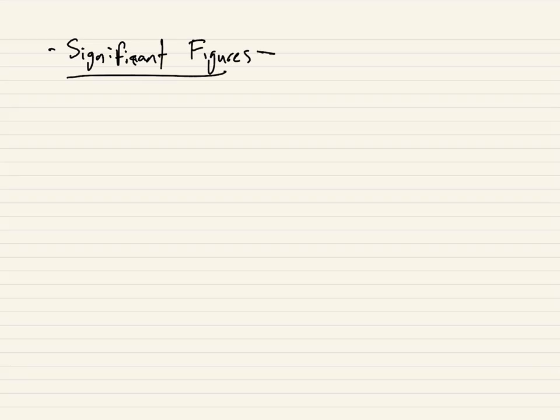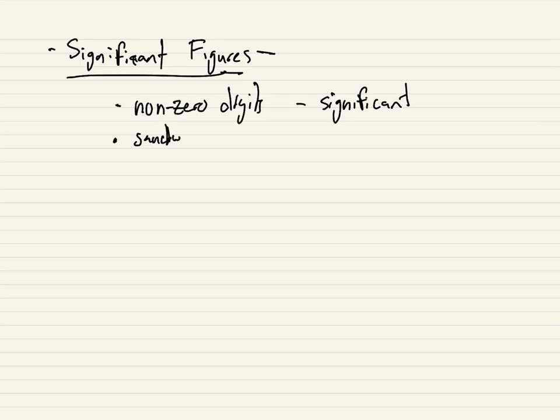All right, and so significant figures, non-zero digits, are those significant or not significant? Significant, right? These are significant. Anything that's not a zero is a significant digit. If we had sandwich zeros, right?